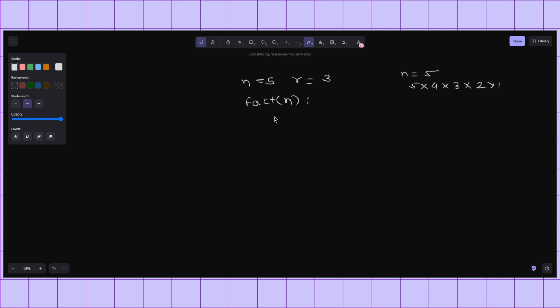Now a base condition will appear here, and after the base condition we will return a value, and the value will be n into fact of n minus 1. The number is decreasing, and we will check if my number is 0 or my number is 1. If it is, we can return 1, because factorial of 0 and factorial of 1 is 1. Okay, so this is my factorial function.